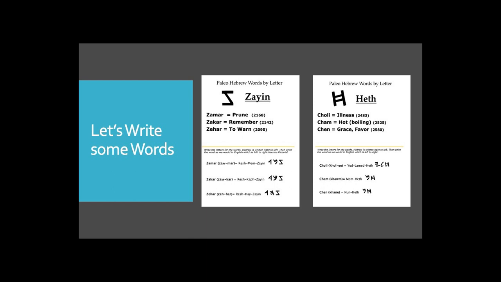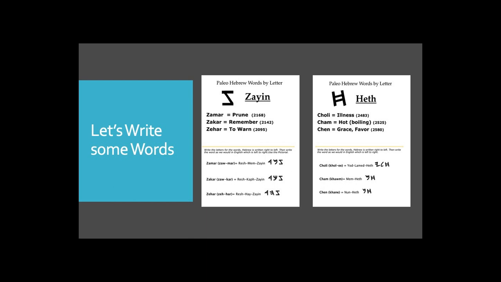And you all can work on that. I am not very good at it. This word means illness, number 2483, and it is spelled Hek Lamed Yod. We'll be looking at Yod in our next class. Just write those letters on your line from right to left.